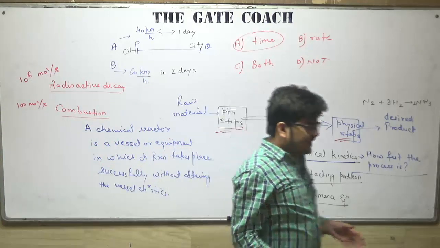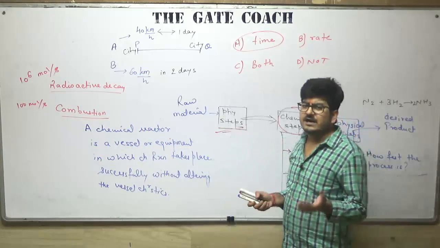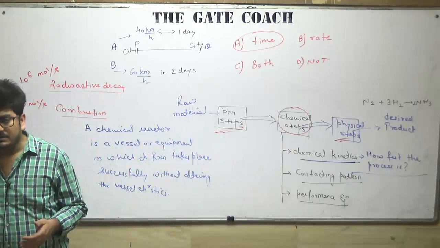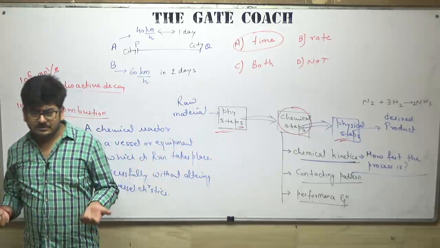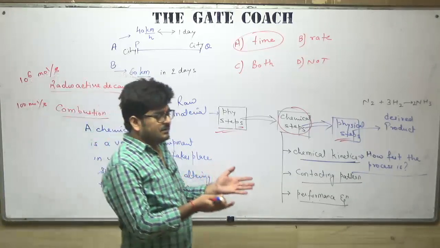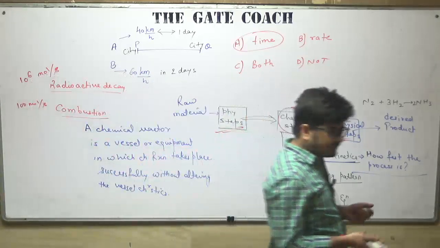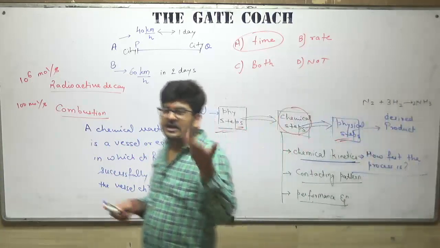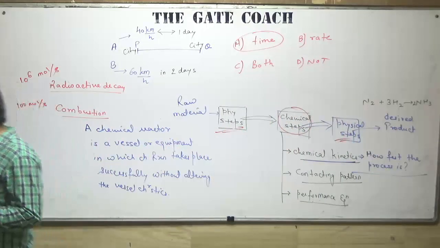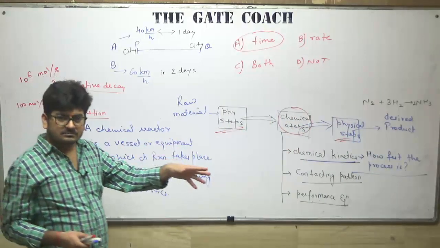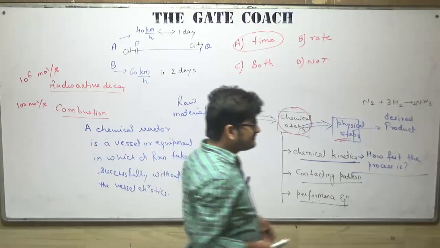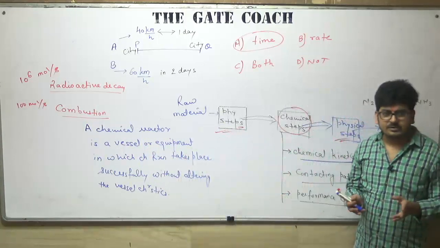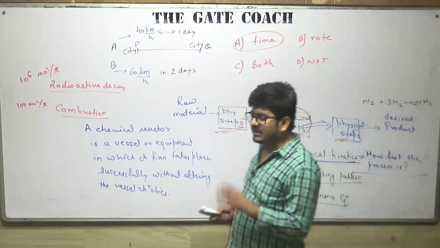For example, if any person dies at a very young age, then people say he is gone so soon. And if a person dies at the age of 65, 70, 80, 90, 100 years, then no one says he died so soon. So it's all about the time of the process, not the rate.